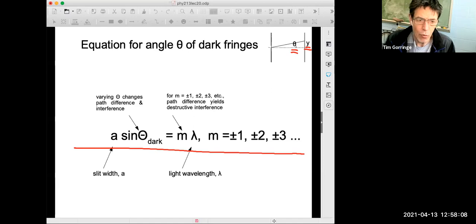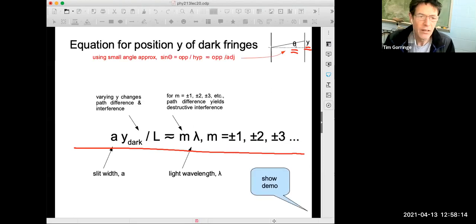And importantly, this one is exact, and the other one is approximate. The first one's exact, works for any angle theta. The second one is approximate, works for small angles theta.